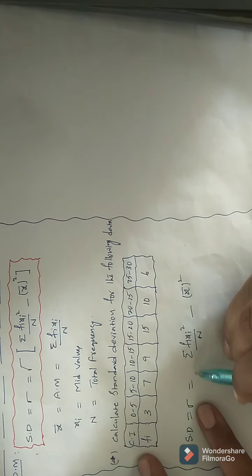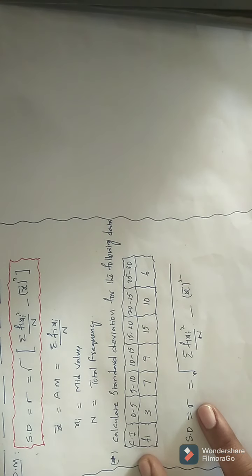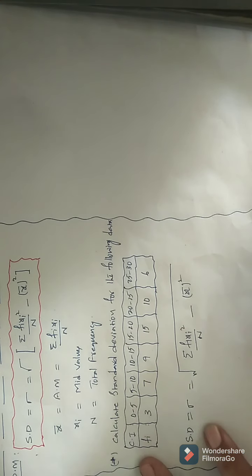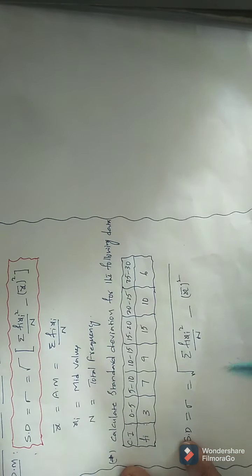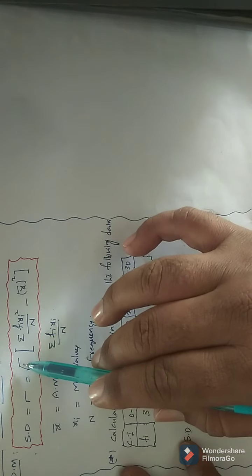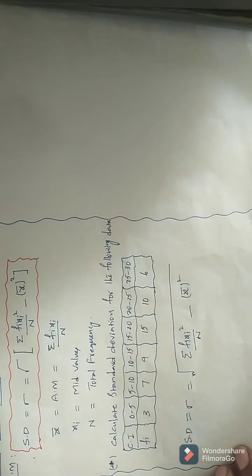So this all falls under a single root. Whenever the term is bigger, writing the root becomes somewhat difficult. That's why sometimes you can use this way of writing the root, so that the root applies to all the terms, right?